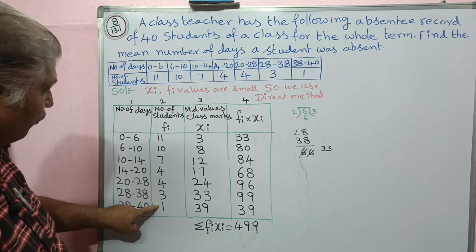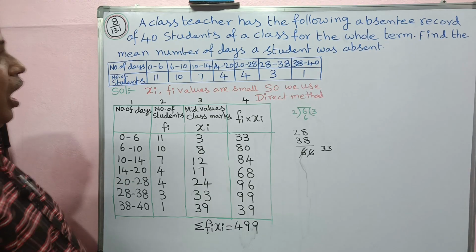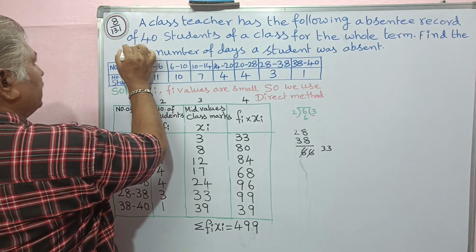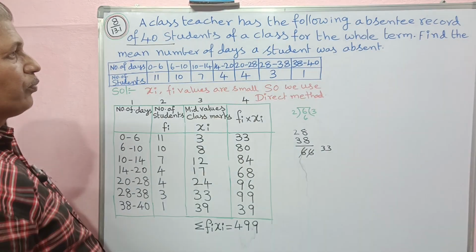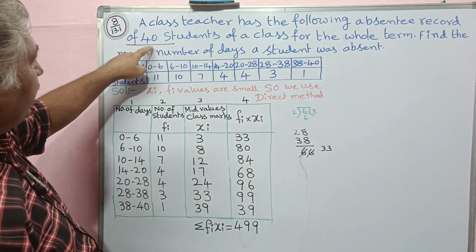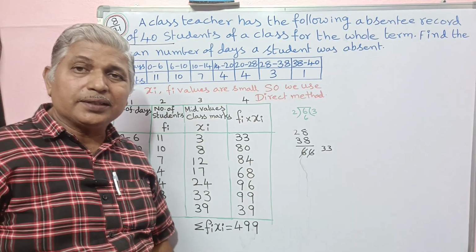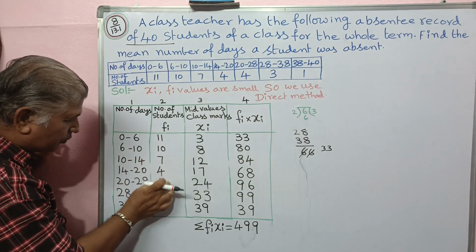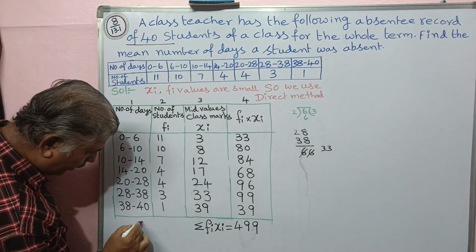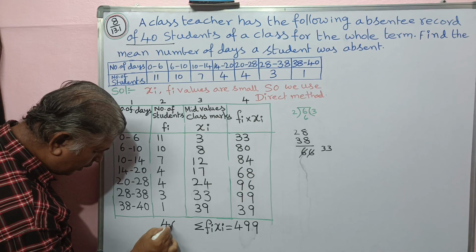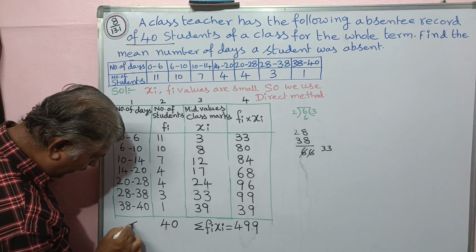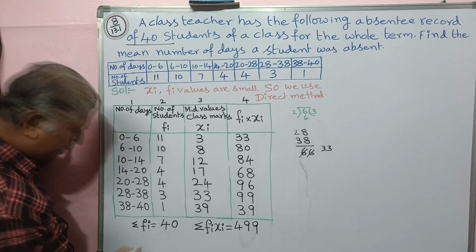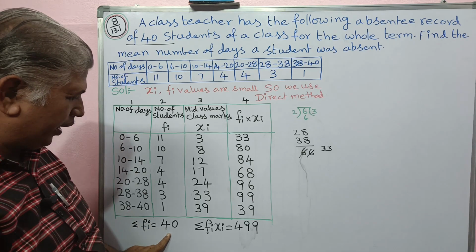In the problem, it is already given that there are 40 students. So the total of these values is 40. This 40 is called sigma fi. Sigma fi is equal to 40.